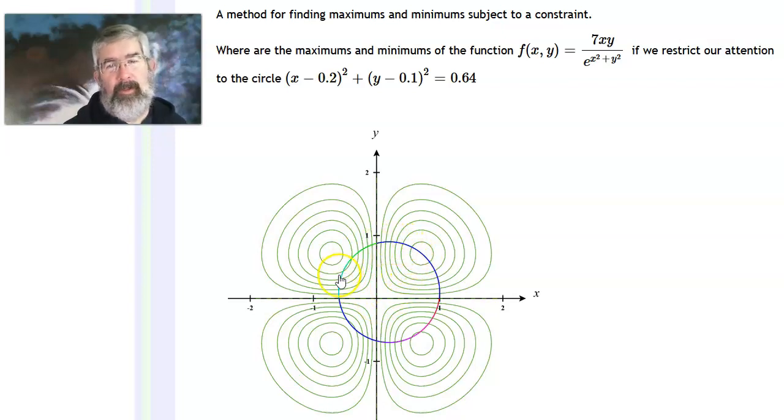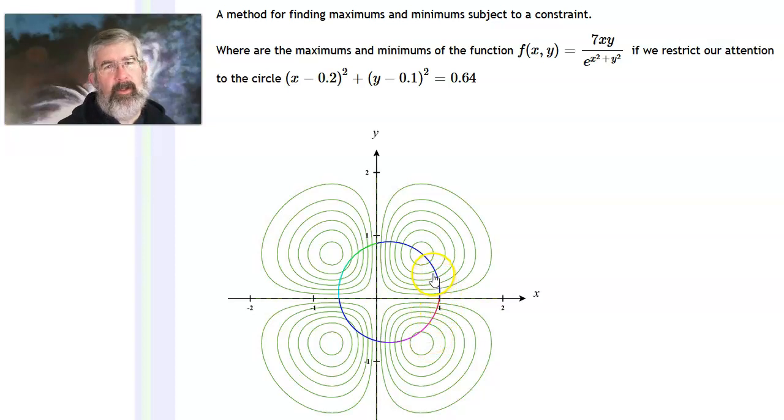But so there's maybe 2 critical points that would be interesting. But on the boundary itself, there's the question of where are the highs and the lows. Right? And if you think of this as a topographic map showing you the height of the land you're walking on, and you're walking along the path, which is this circle, I can see that as I'm walking this way, I'm crossing these contour lines, which means, because this is the hill and this is the valley, if I'm walking this way, I'm going uphill.